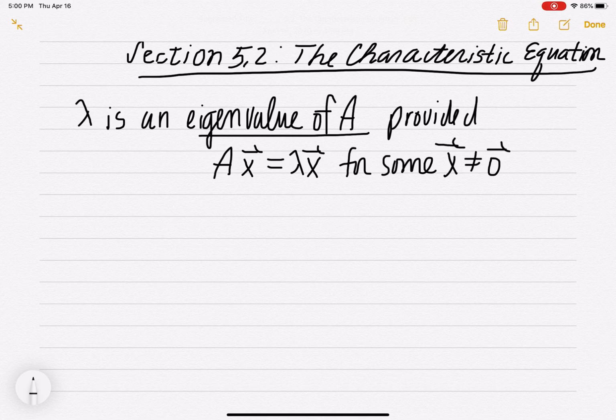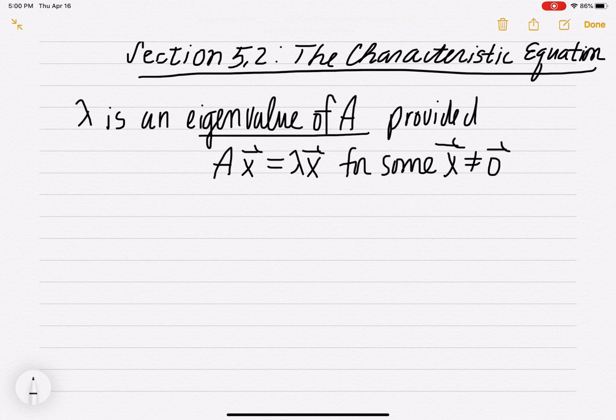So essentially, you multiply that non-zero vector by A, and it keeps the same direction. It stretches out, it shrinks down, or it reverts to the opposite direction with negative orientation.